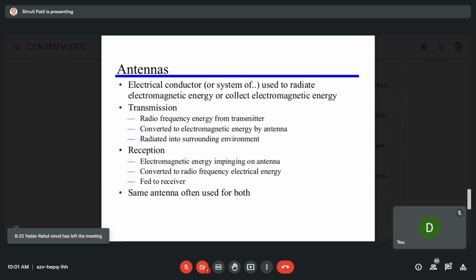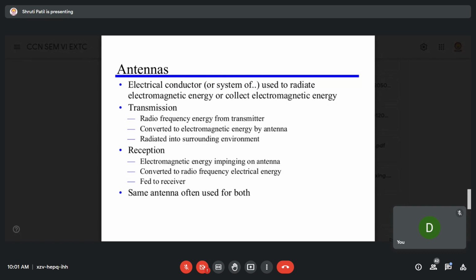In transmission, radio frequency energy from the transmitter is converted by the antenna to electromagnetic energy and radiated into the surrounding environment.